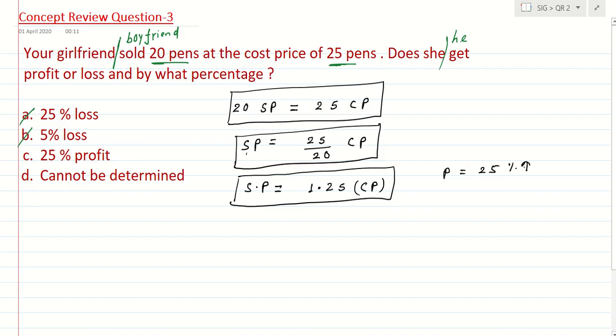Remember, you forgot, just reverse order. If the profit is 25% on the cost price, how to find the SP? Same thing: 1 plus 25%, which means 1.25 of the cost price CP. My answer is correct. This is one approach.